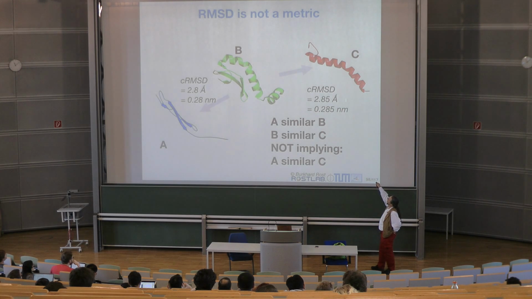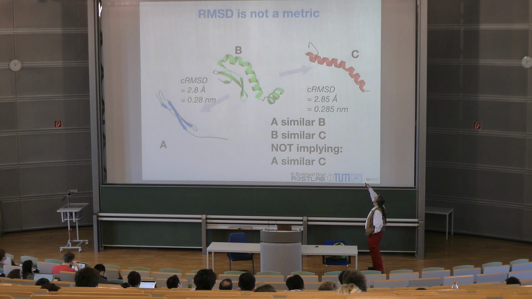This is the overall similarity. C alpha simply means the main atom, so one per amino acid, the main carbon. And this one is 2.85 angstrom. Angstrom is 10 to the minus 10 meter. So it's 0.28 nanometer or something, whatever.